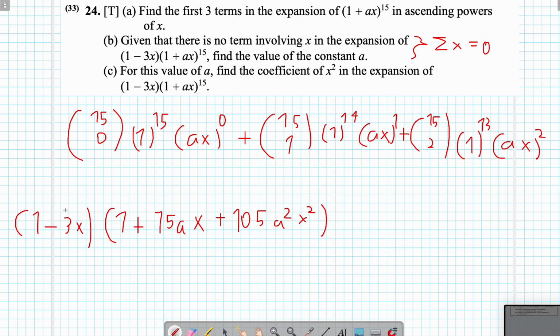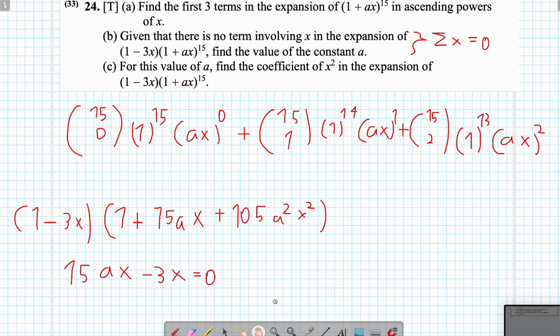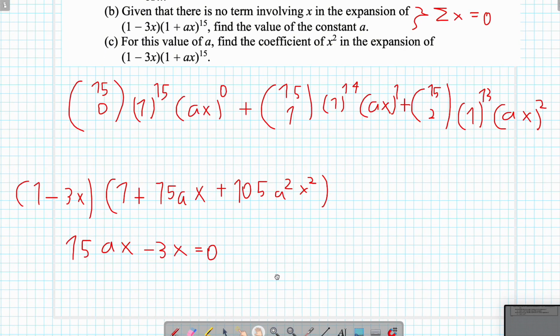So 1 times 15ax is 15ax, minus 3x is equal to 0. Again, you can substitute x by 1 and whatever. You're gonna find out that a is equal to 1 over 5.